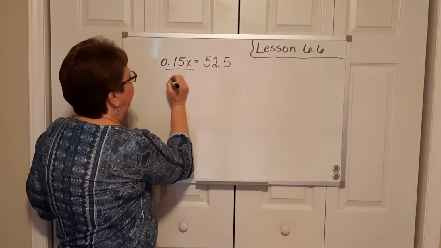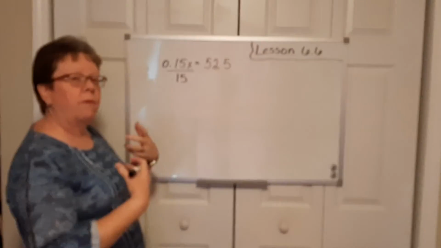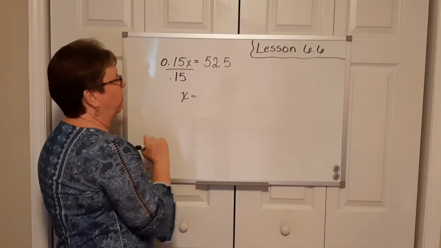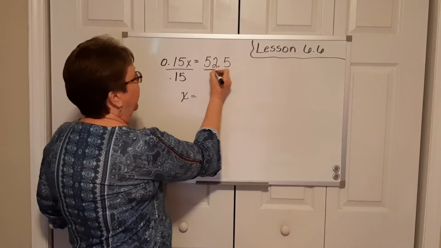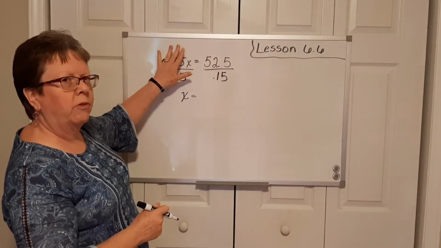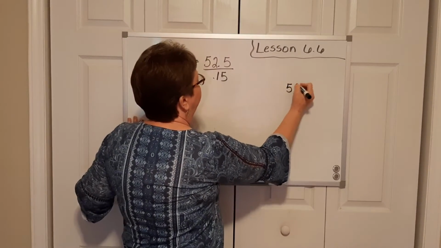So we would be dividing that by 0.15. And 0.15 divided by 0.15 would be 1, which would just leave us with our x, 1x. We've also got to divide 0.15 on the other side, because remember our rules, whatever you do to one side of the equation, you've got to do to the other side.